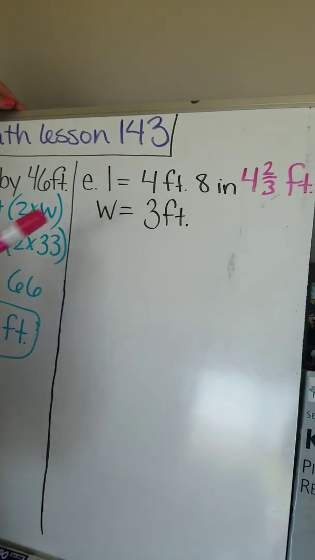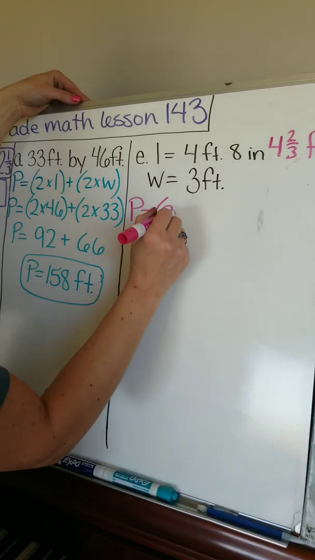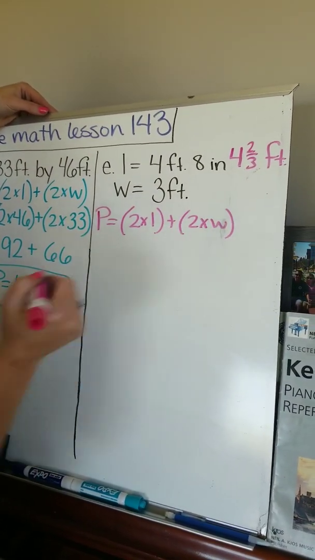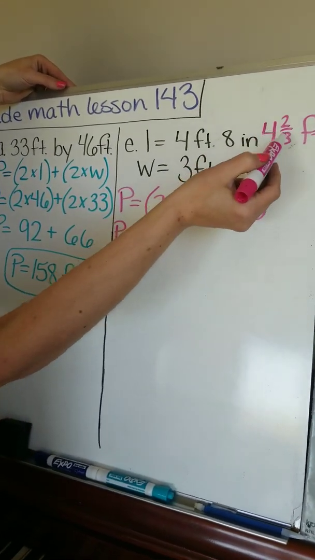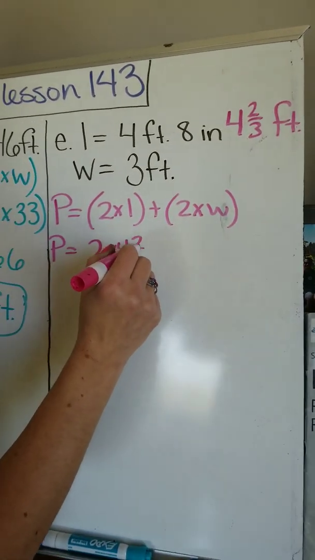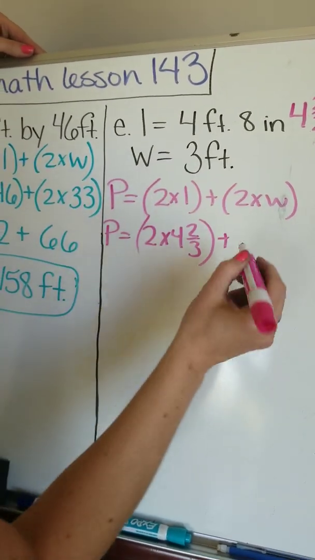Okay, so now we're ready to start plugging them into our formula. Always starting with our formula, P equals 2 times length plus 2 times width. Okay, ready? So let's plug it in. 2 times 4 2/3 in the first set of parentheses, plus 2 times 3.